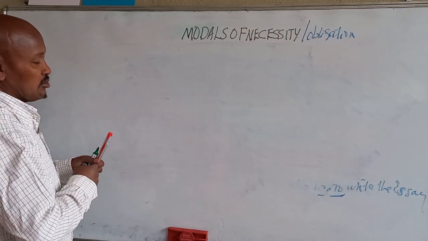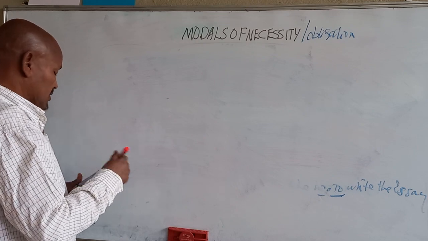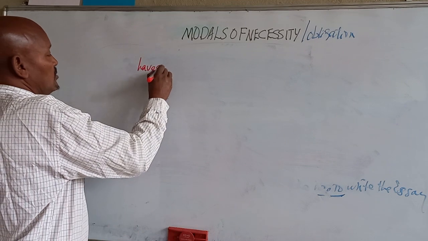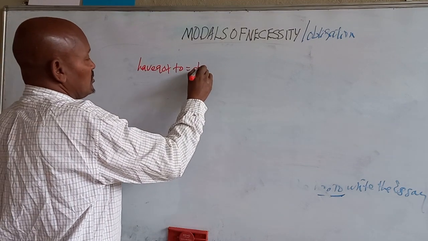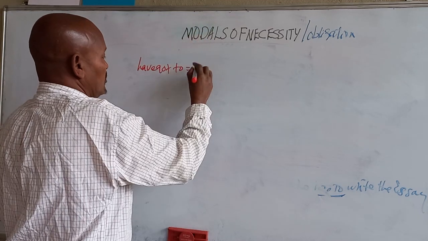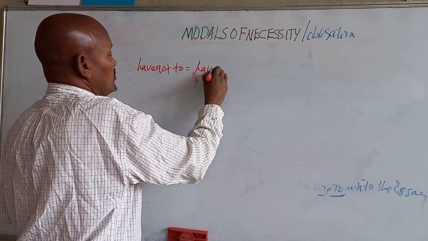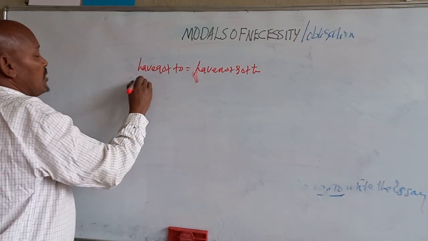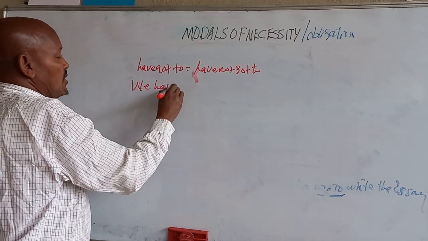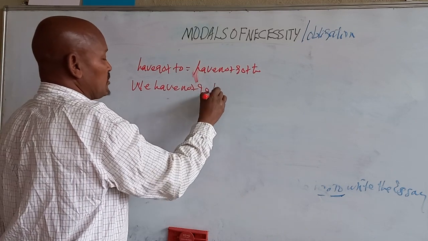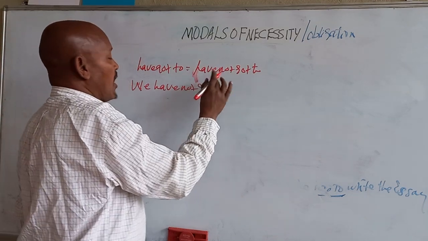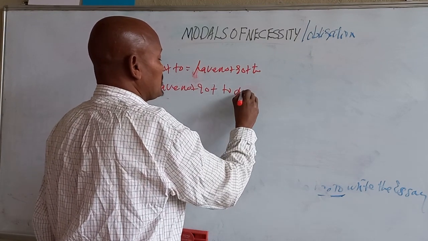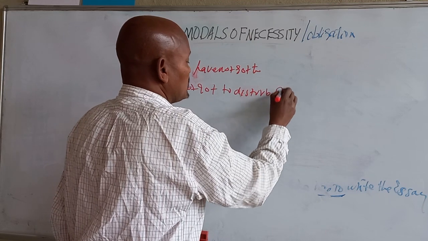And the other negative forms of have to and have got to: have not got to. Let me give you, we have not got to disturb others.